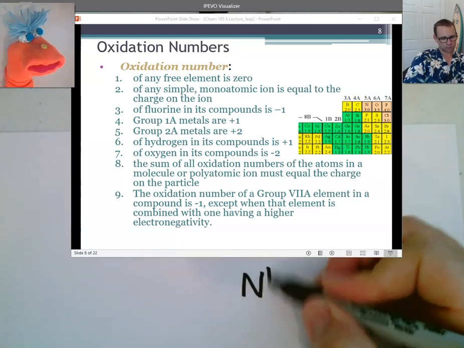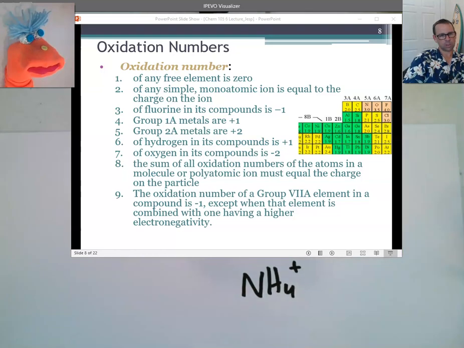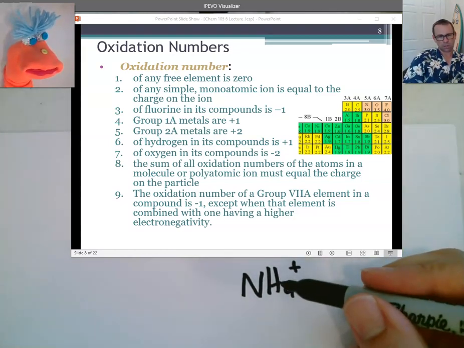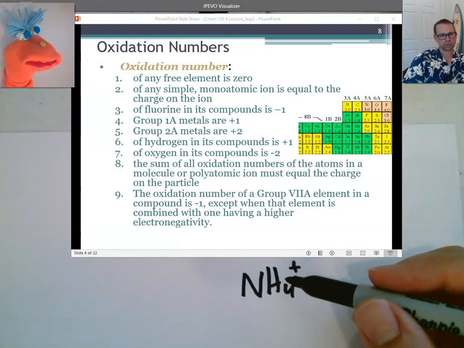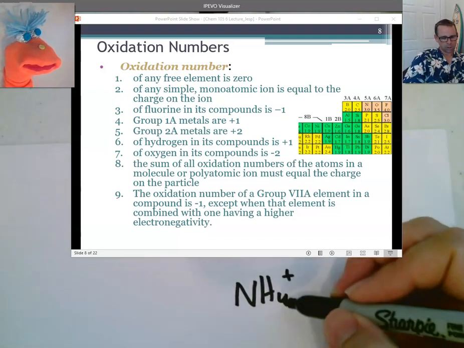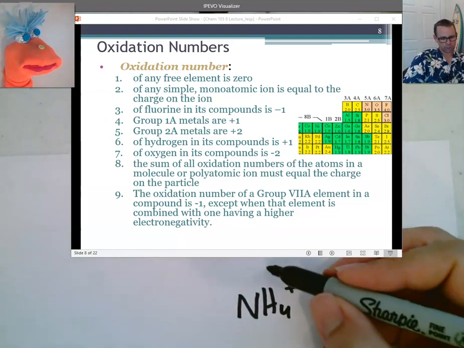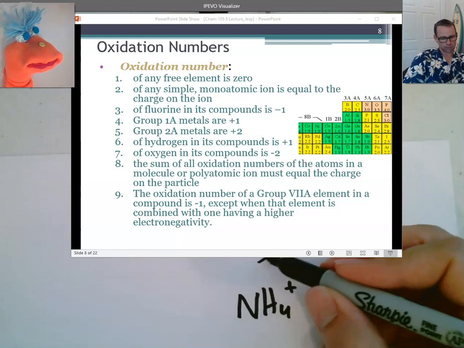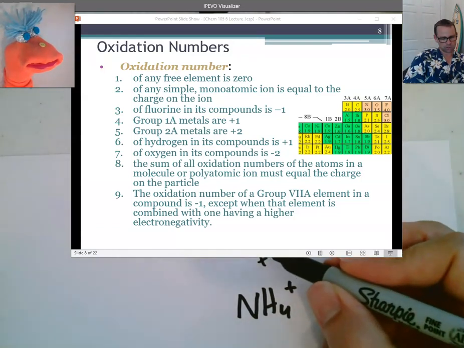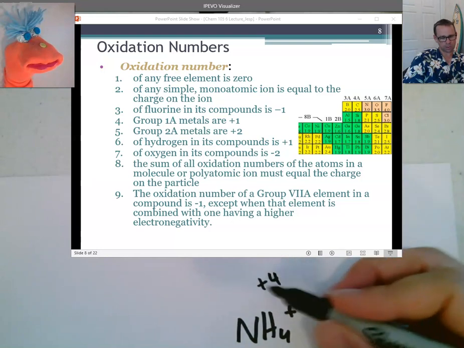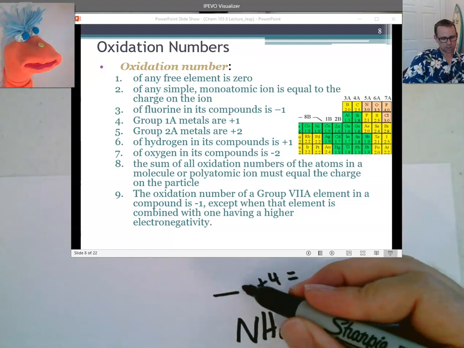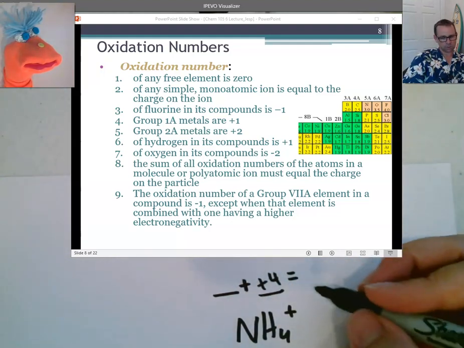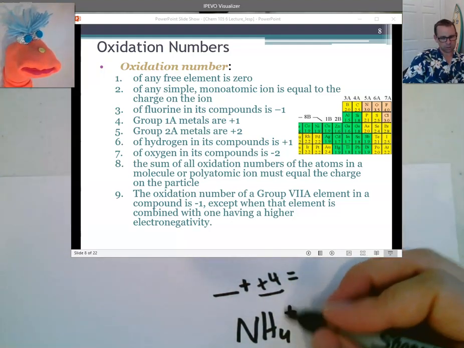So let's look at this one, for example, NH4 plus. The oxidation number on the hydrogen is what? The rule says +1, rule 6. That's right, +1. And there's 4 of them, so there must be 4 of these +1s. So I'm going to say +4 from the hydrogens. And whatever the nitrogen is, if I add it to that +4, the sum has to equal whatever the charge is.